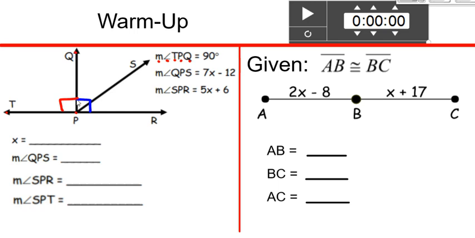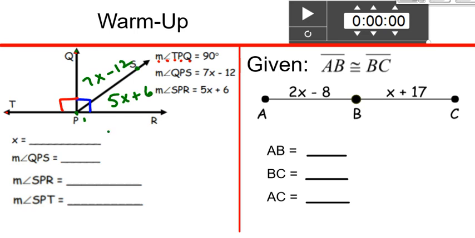All right, the measure of QPS is 7x minus 12, I'm sorry. And the measure of SPR is 5x plus 6. So it looks like if I add 7x minus 12 plus 5x plus 6, I should get 90 degrees.